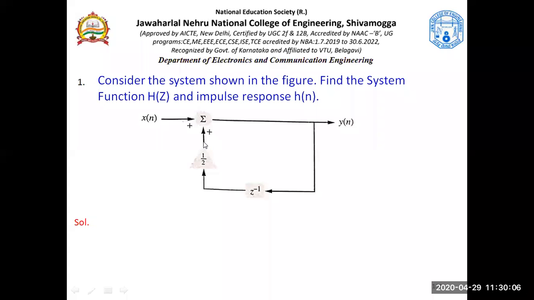And what is there here? Here there is half y of n minus one, because this half is the scalar that needs to be multiplied to the signal here. So that's why. How would this y of n look now? That y of n looks like this: x of n plus half y of n minus 1.